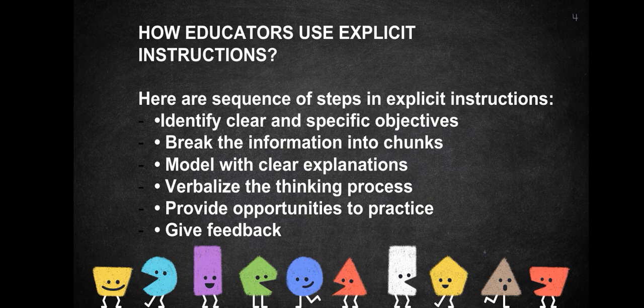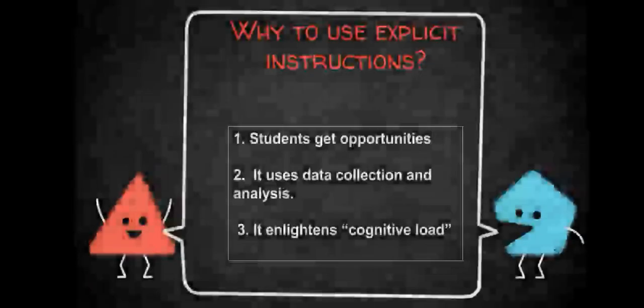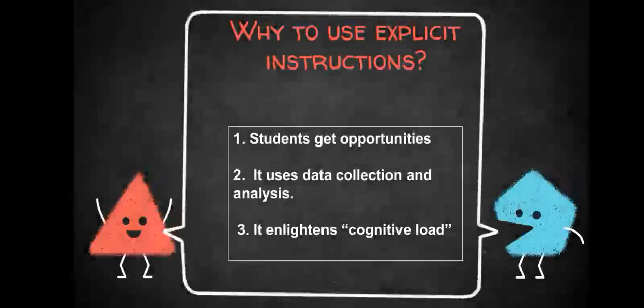So why is it important, or why does an educator use explicit instruction? Here are some reasons to use it. First, students get opportunities to practice. Explicit instruction helps students who need intensive interaction, including those with learning disabilities.